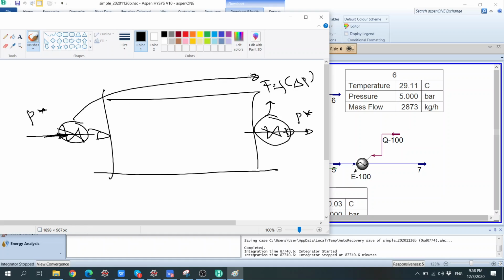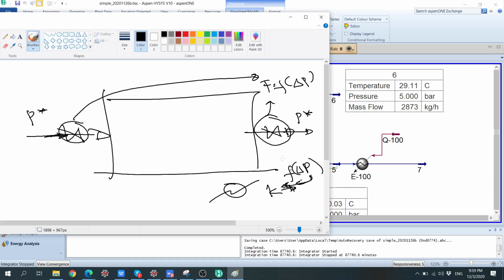But the heat exchanger as well, in most, I don't know if it's in all, but in most process simulation software, it has this k, which is also going to be used in the flow as a function of delta p, and that delta p is then a function of k.